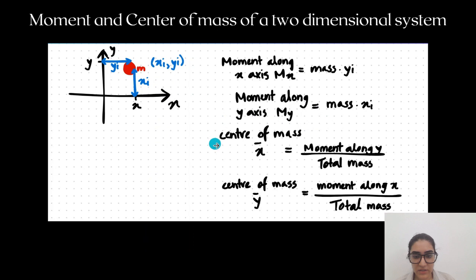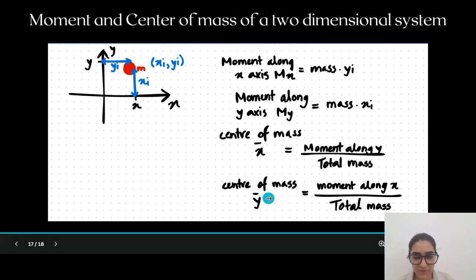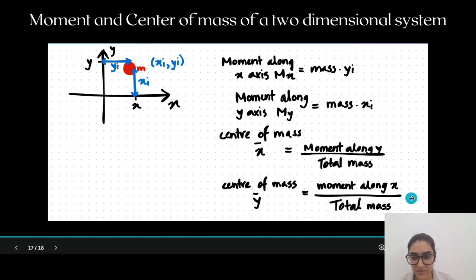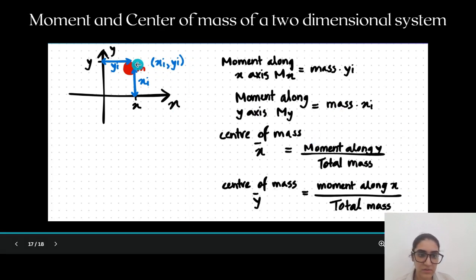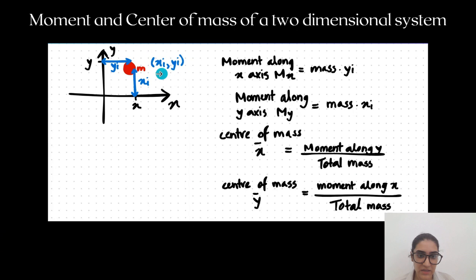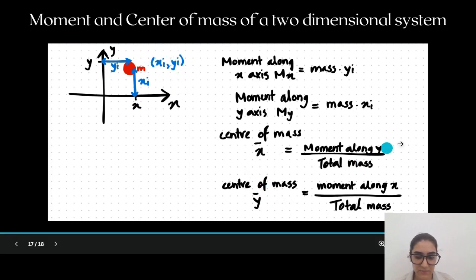As we have already implied what center of mass is, x̄ is equal to moment along the y-axis over total mass, and center of mass for y, ȳ, is moment along x over total mass. And this xi, yi, x̄ and ȳ will be our center of mass.